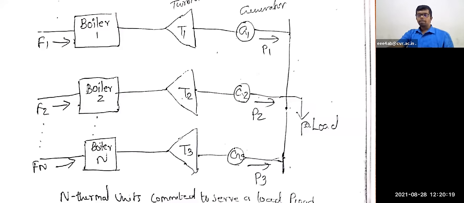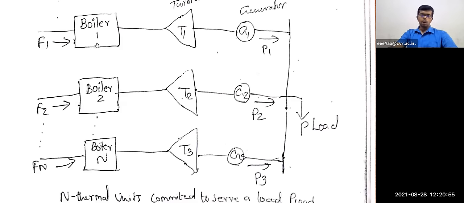The power generation is connected to the bus, and from the bus it is connected to serve the load that is called P load, P suffix load. From the first boiler, the fuel supplied to the first boiler, or the fuel cost function, whatever you can take, is F1, and the heat generated in boiler 1 is H1.